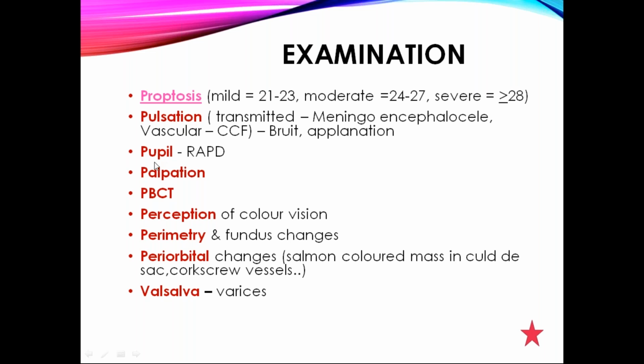So we have around 8 P's here. Some books give 7 P's, some books give 9 P's. In your examination, you have to concentrate on all these P's while you are examining a patient with proptosis. Then a systemic evaluation is a must to identify any signs of metastasis.